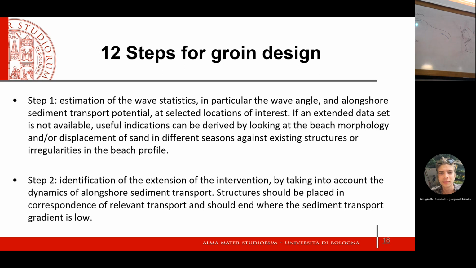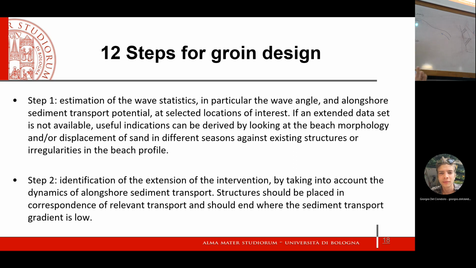Keep in mind that the extremes of the intervention are hotspots, delicate places, because while each downdrift protection is protecting the updrift ones, at the extremes you have a spike, a singularity in the shape of the coastline.